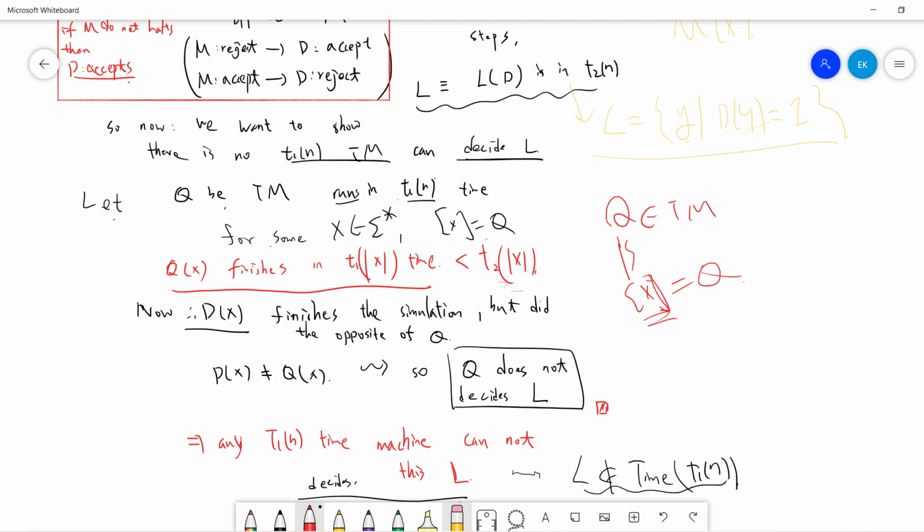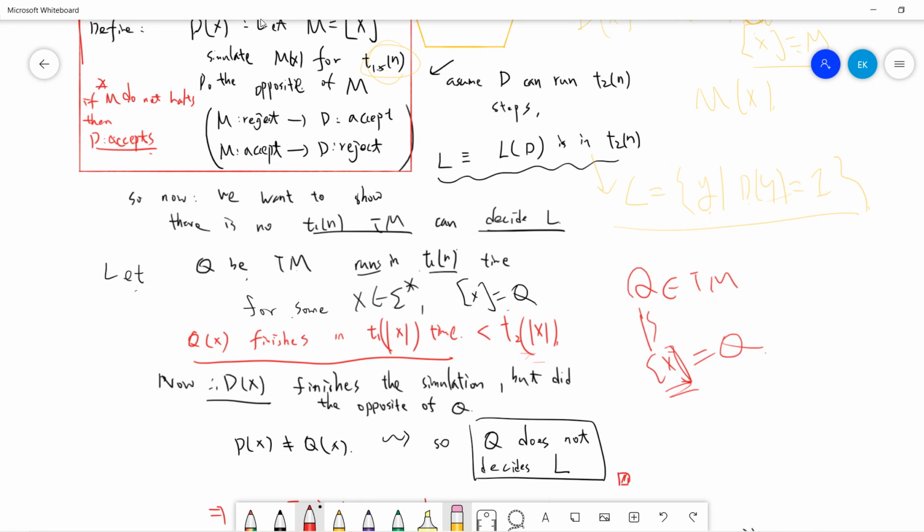Now D(X) finishes the simulation. D takes this X, and X is Q, so D will run Q(X). D will finish the simulation but do the opposite of Q. So D(X) will not be the same as Q(X), because if Q rejects, then D accepts.